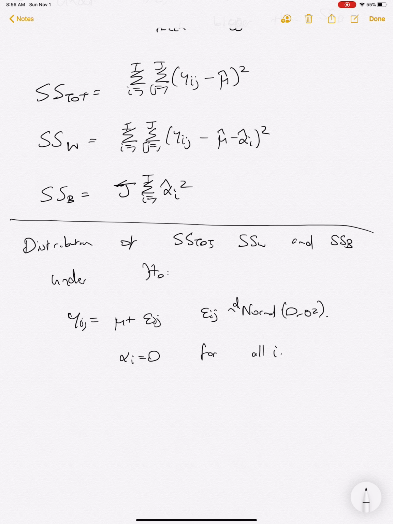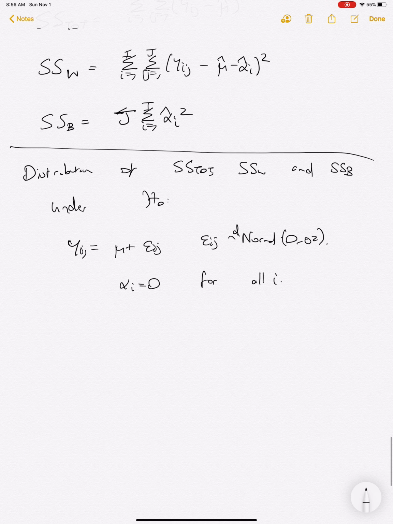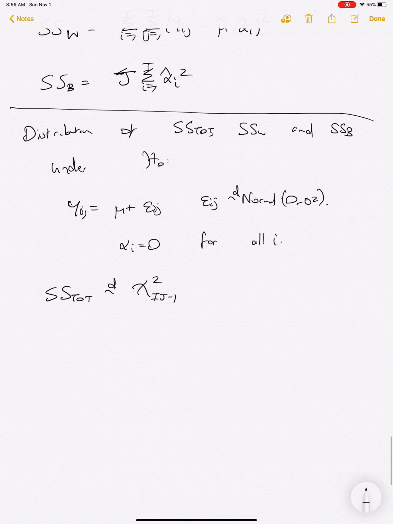So you can see that the sum of squares total is going to have a chi-squared distribution with IJ minus 1 degrees of freedom. The way to think about that is that sum of squares total is just equal to the sum over i equals 1 to I, sum over j equals 1 to J of yij minus y bar dot dot squared.